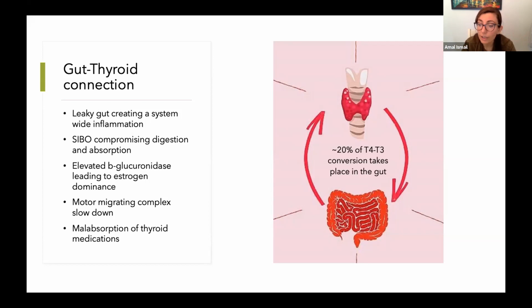So just to share some of the things that you need to think about, how the gut affects the thyroid and vice versa. So leaky gut or intestinal permeability, as I mentioned to you, is one of the three factors that you need to have present that leads to autoimmunity.